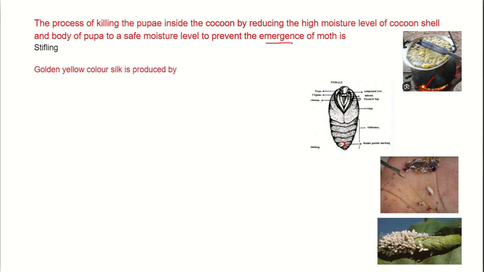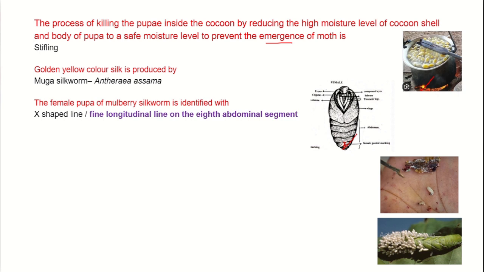Golden yellow colored silk is produced by the muga silkworm, Antheraea assamensis. The female pupa of mulberry silkworm is identified with an X-shaped mark or fine longitudinal line on the eighth abdominal segment.